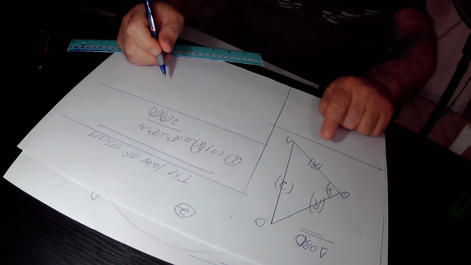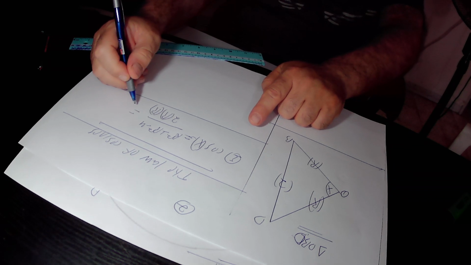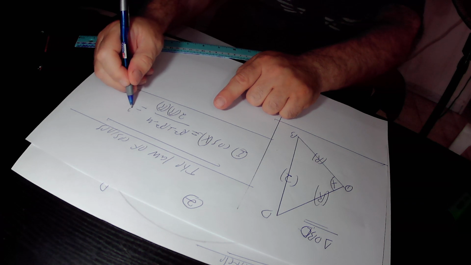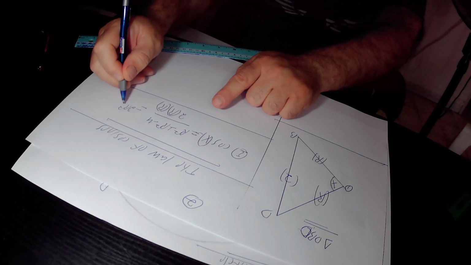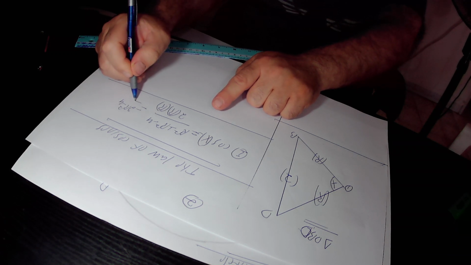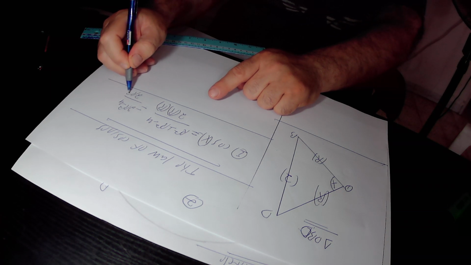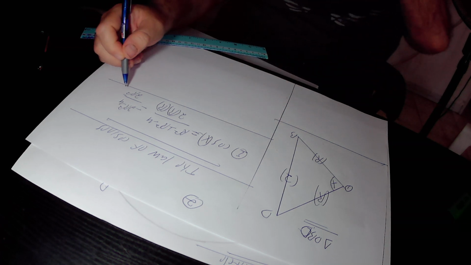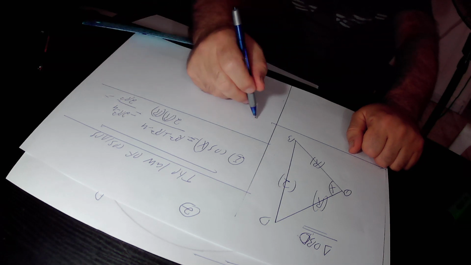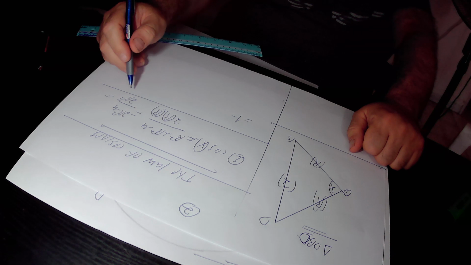So in conclusion, we found out that cosine x according to equation 1 equals R square plus R square, that is 2R square, minus 4. So in the numerator we have 2R square minus 4, divided by 2R square. So here we have 2R square over 2R square is 1, and we also have minus 4 over 2R square.